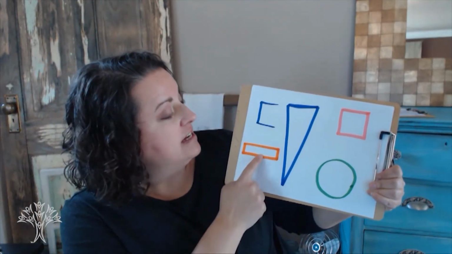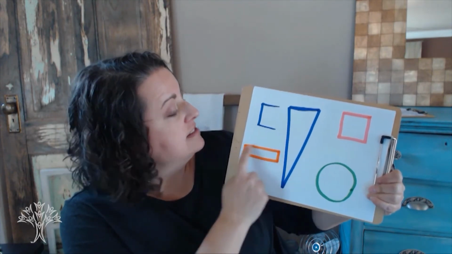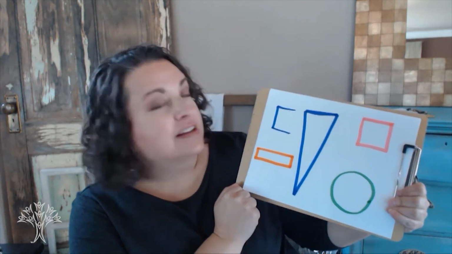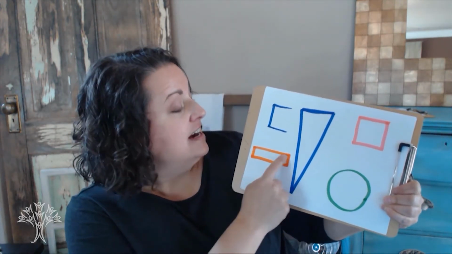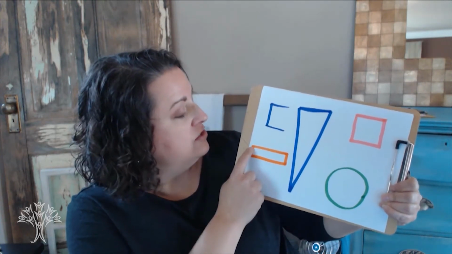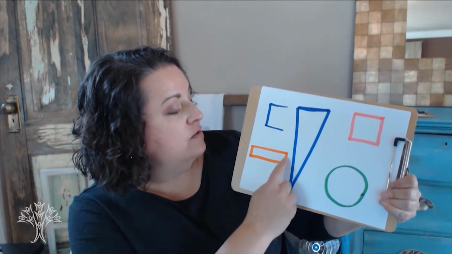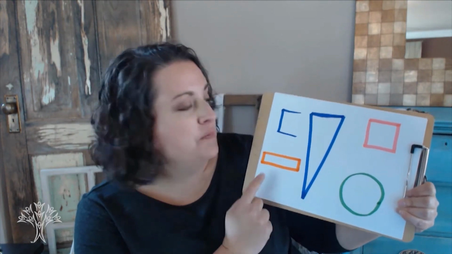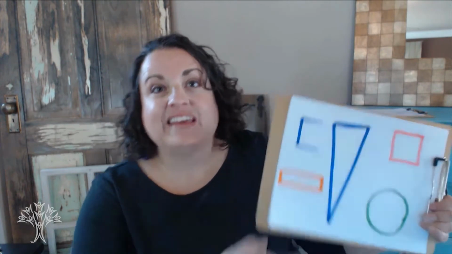It has 4 sides, 4 vertices, and it has 2 pair of equal sides. Let me explain. This top side and this bottom side are the same size. They're equal in length. And then this left side and the right side are the same size. They're the same length. That's what makes this a rectangle.